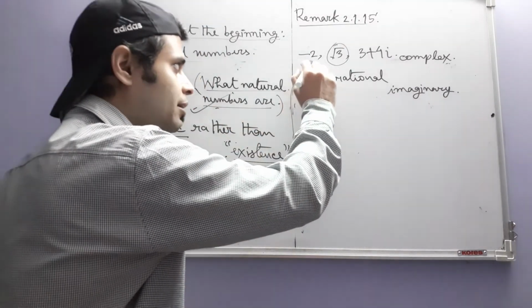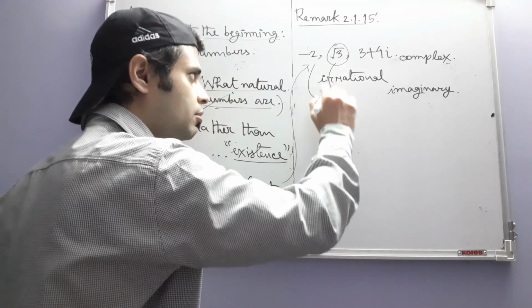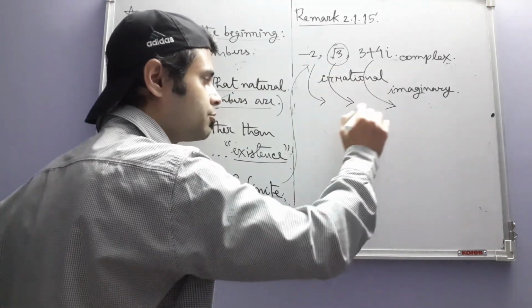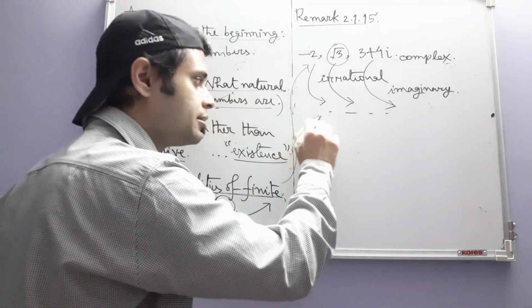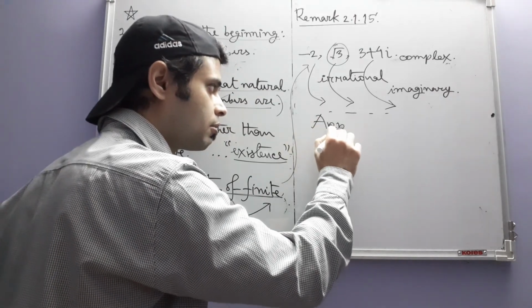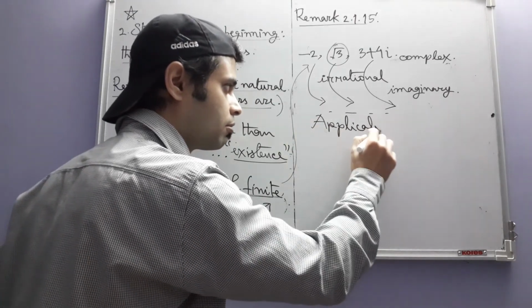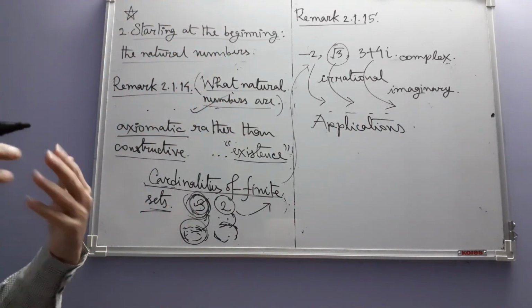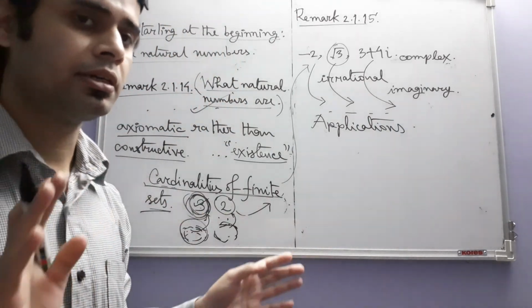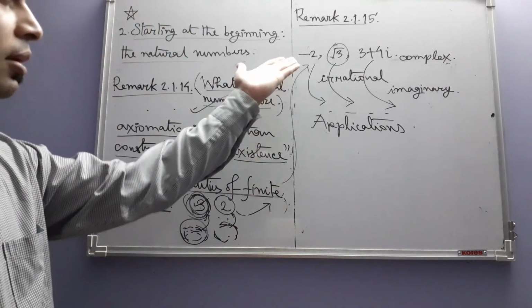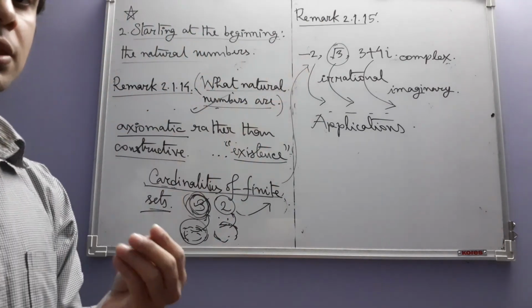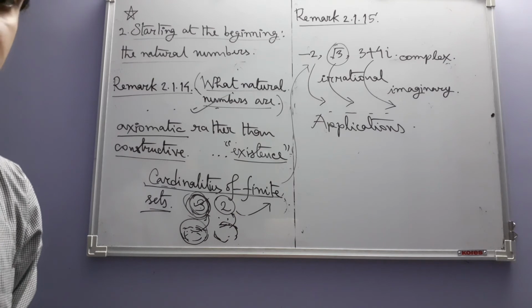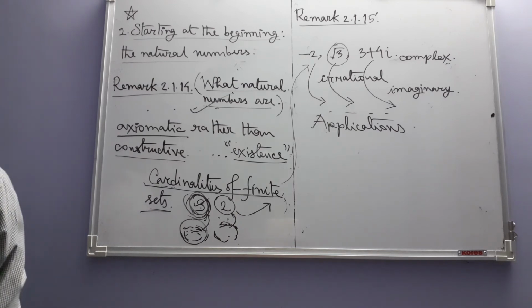But you can associate them to something physical, but that is applications. Applications of these number systems to outside of mathematics, that is an entirely different thing. For example, you can use negative numbers to measure sub-zero temperatures, things like that.